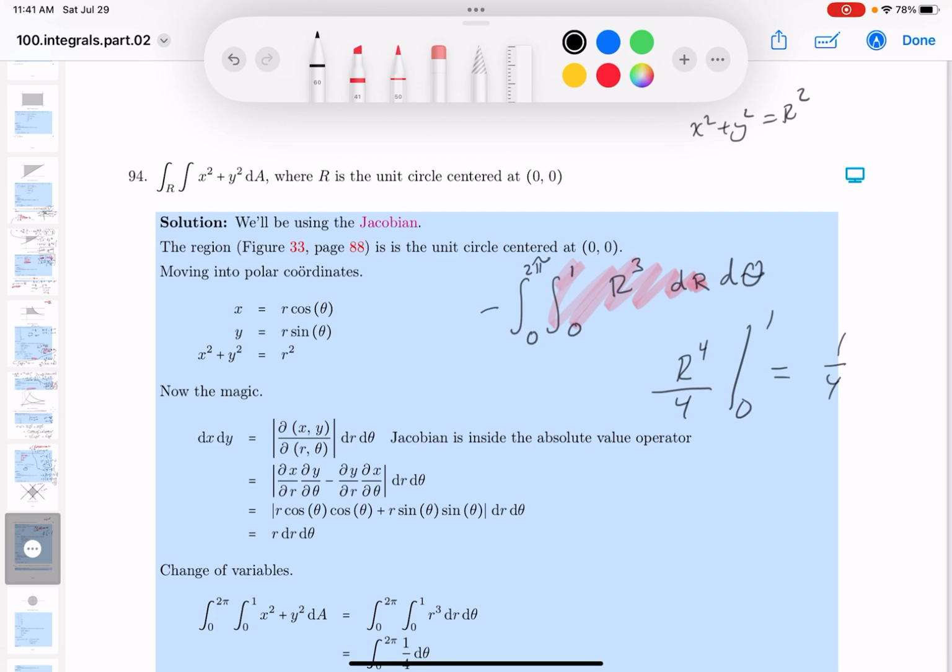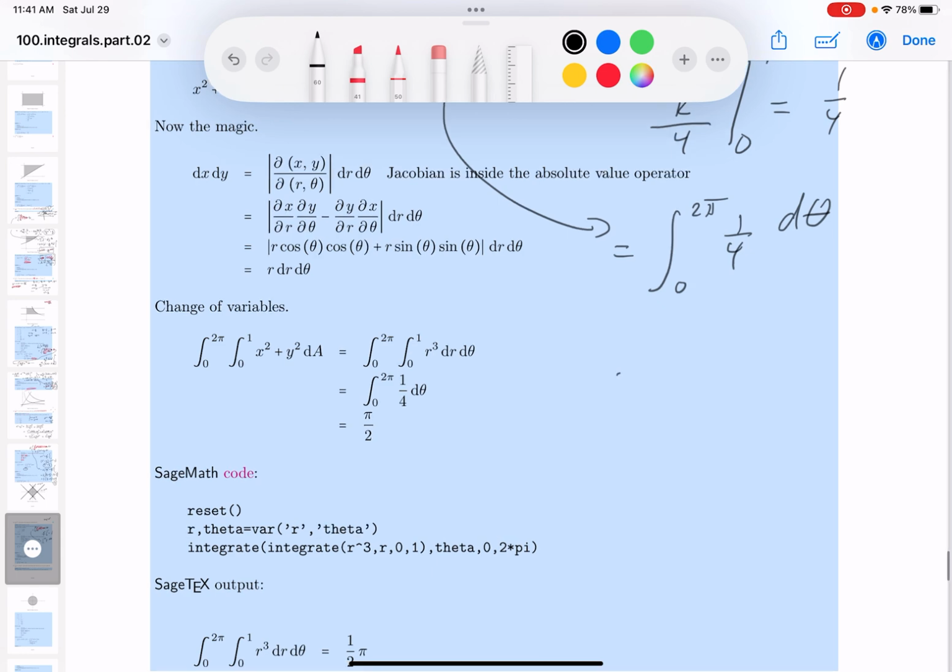So we have the integral from 0 to 2 pi of 1/4 d theta. That's pretty simple: 1/4 theta from 0 to 2 pi. 2 pi minus 0 is just 2 pi.